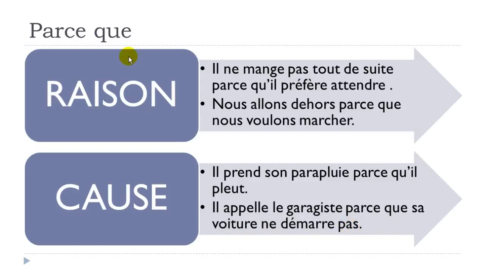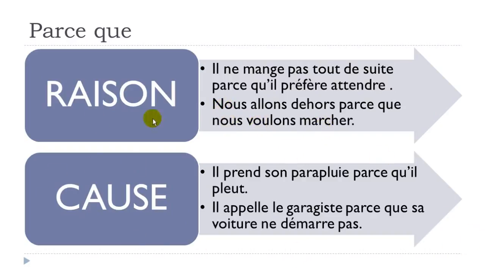Alright? So you can see the two main ways of using this parce que. So the first one, the reason. In that case, well, it's something that refers to the person. Okay? Actually, in that case, he doesn't eat because he prefers to wait, and then we go outside because we want. Okay?